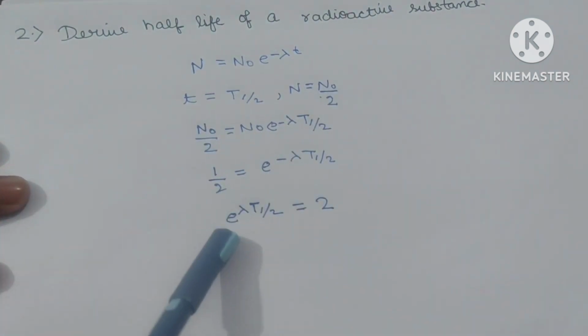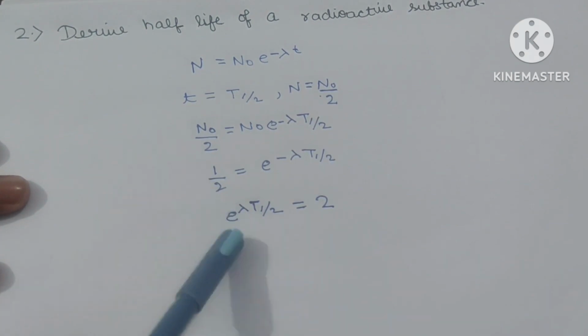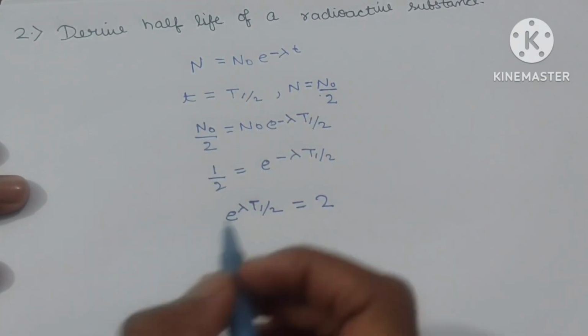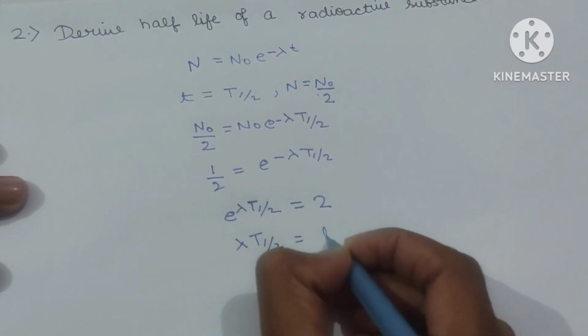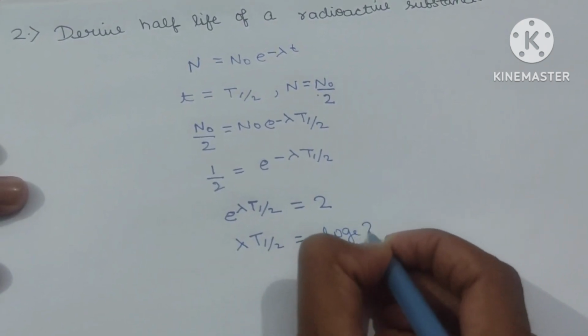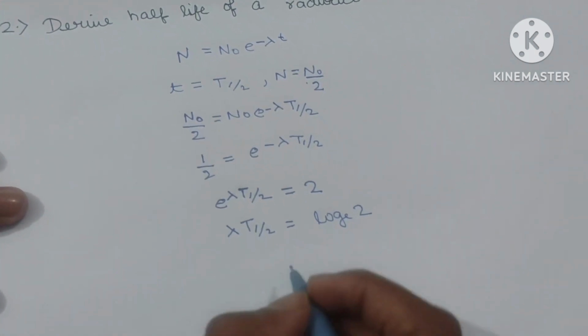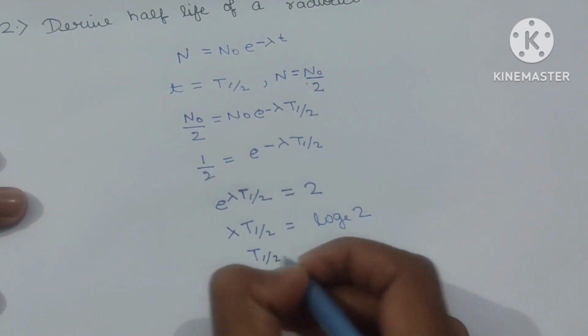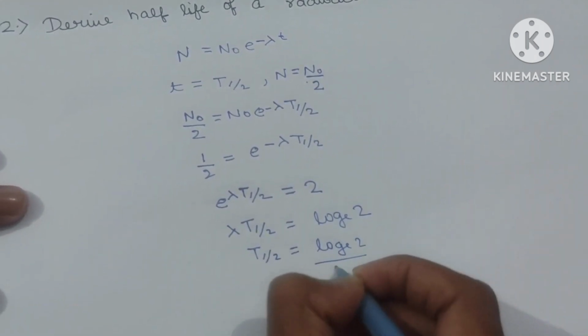Taking the exponential cancel, we have to apply the logarithm rule. So lambda t half is equal to log 2. Okay, and t half equal to log e 2 by lambda.